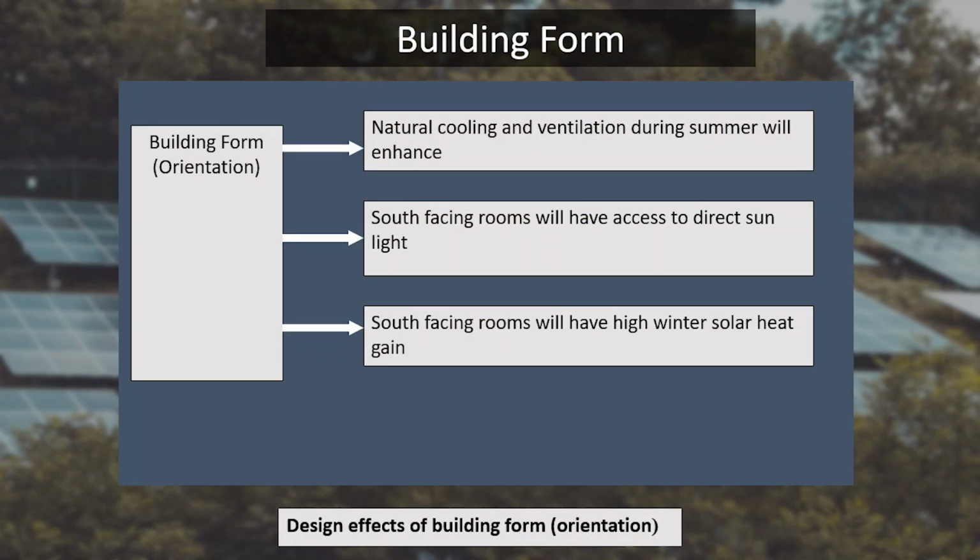If I talk about orientation, then natural cooling and ventilation during summer will be enhanced. South-facing rooms will have access to direct sunlight and will have high winter solar heat. So this is the type of building form.